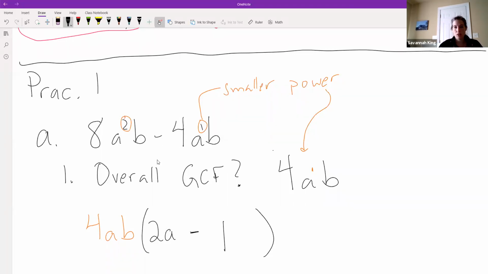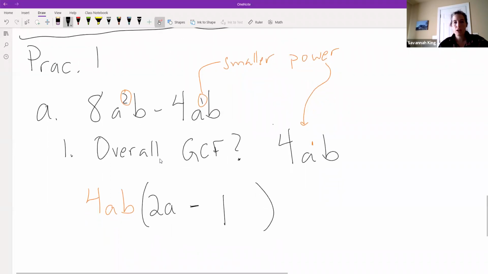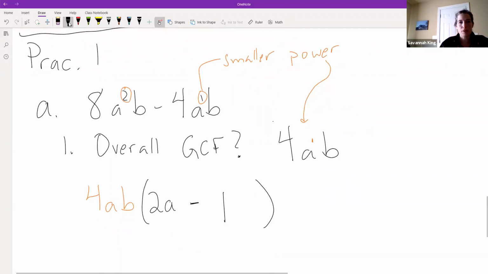Now, as a review, if you're not feeling confident with that division because it's been a while, you can always physically place your GCF under a division line for both of those terms. And that can help you to think about the canceling.